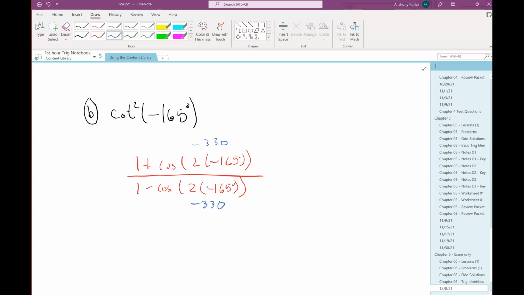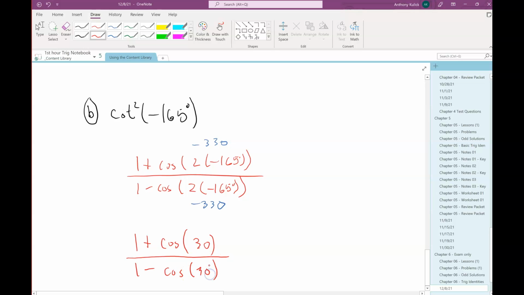Everybody's okay with that? And I know I'm adding because the angles on my unit circle are all positive, right? So if I add 360 to negative 330, I just get 30 degrees. Everybody so far so good?